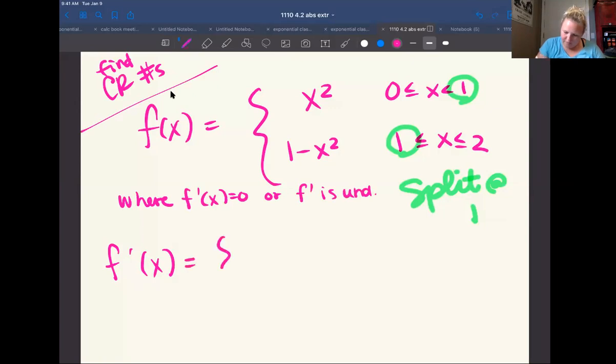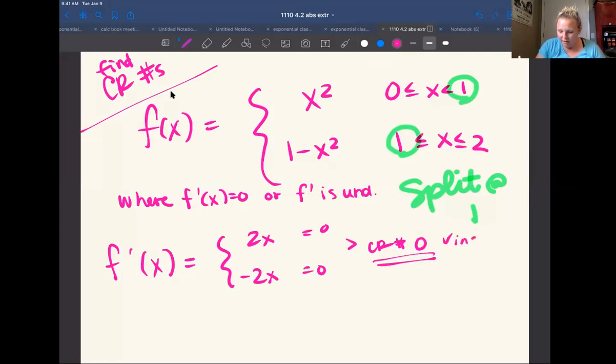If I take the derivative of the pieces, I have a 2x and a negative 2x. Both of those are 0 at x equals 0, so 0 is a critical number. There are no other numbers that would make the derivative 0 besides 0, and 0 is in the domain of the original function, so we're good with that aspect.